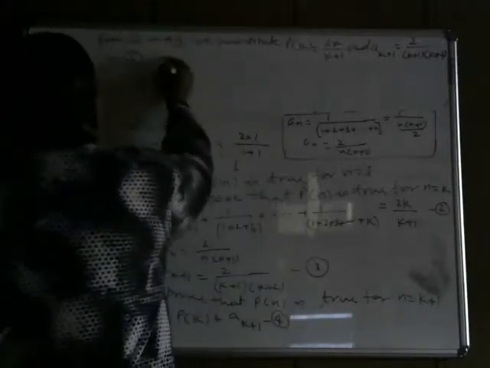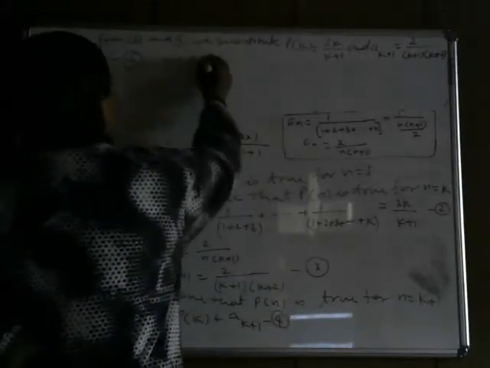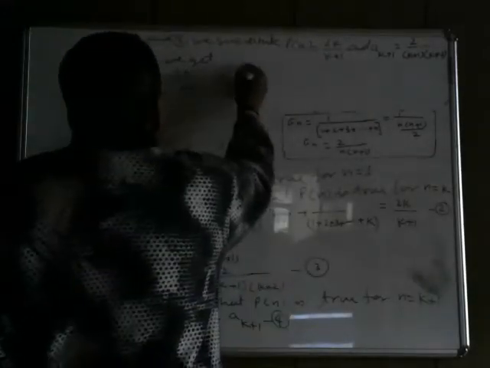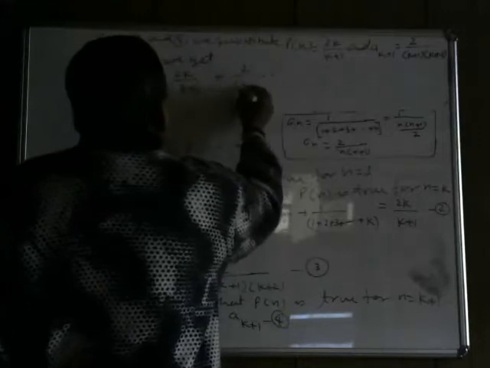In 4 we get Pk plus 1 equal to 2k upon k plus 1 plus 2 upon k plus 1 into k plus 2.